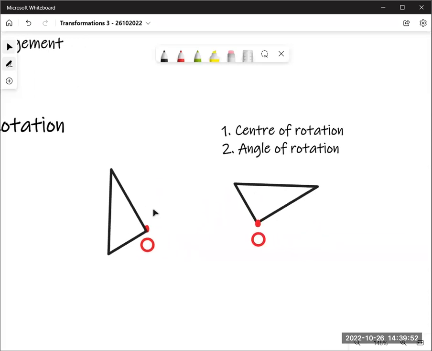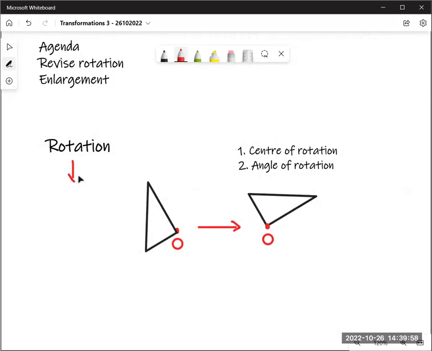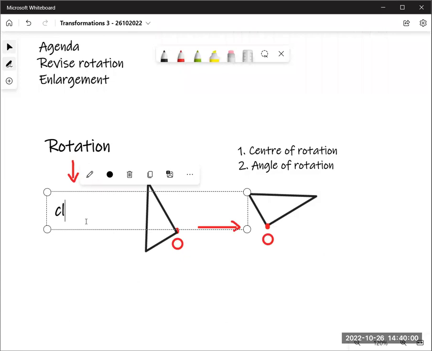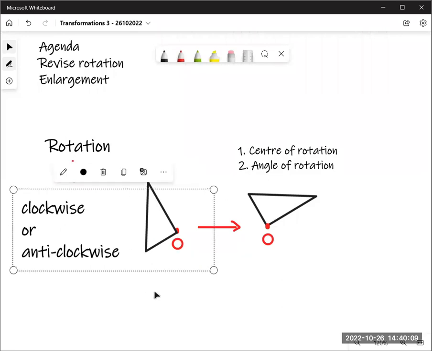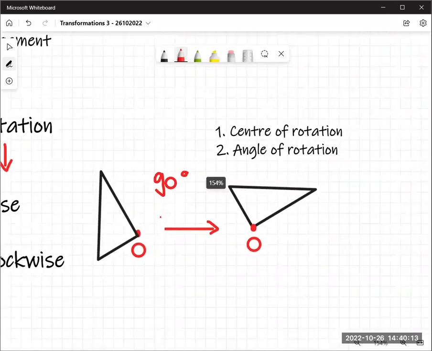Now, from going in this way, we have 2 types of rotation. We have clockwise or anti-clockwise. Now, right now we're going 90 degrees clockwise.